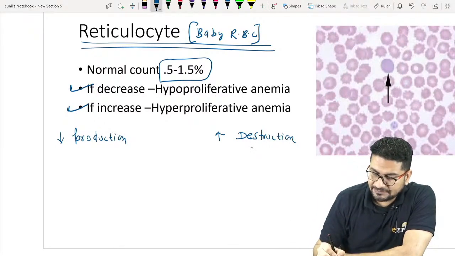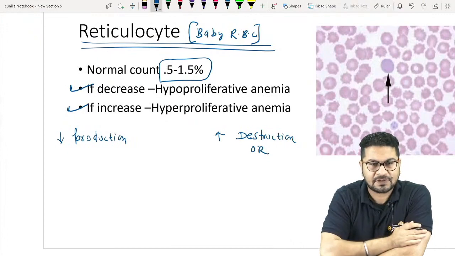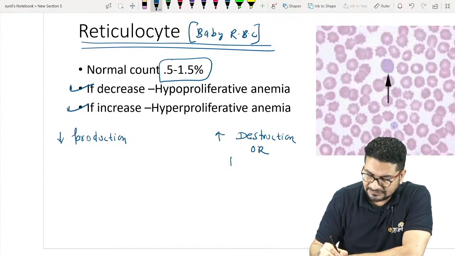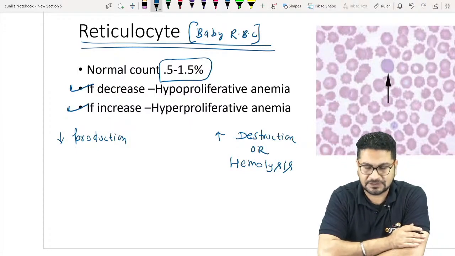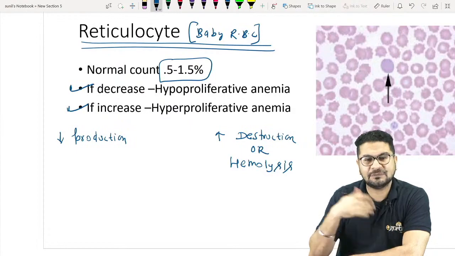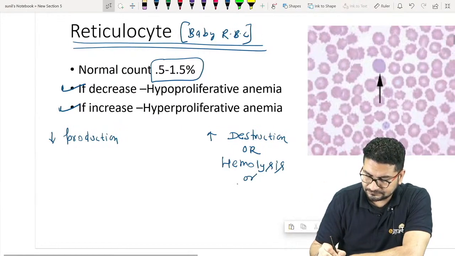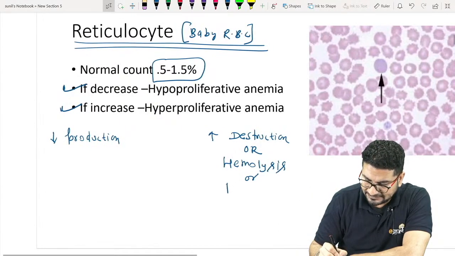Now understand, when RBC destruction is more, this anemia is also called hemolysis. Destruction of RBC is called lysis, hemolysis. So this type of anemia is called hemolytic anemia.